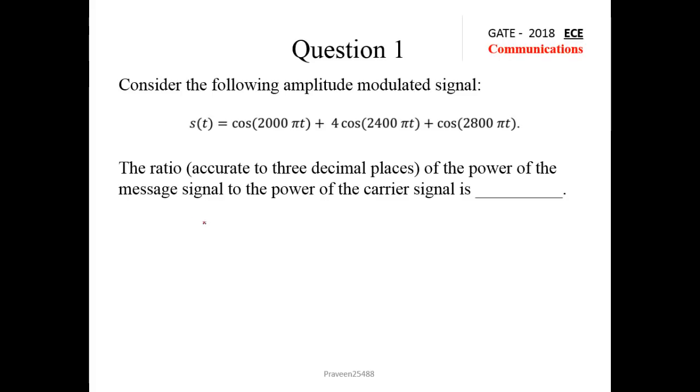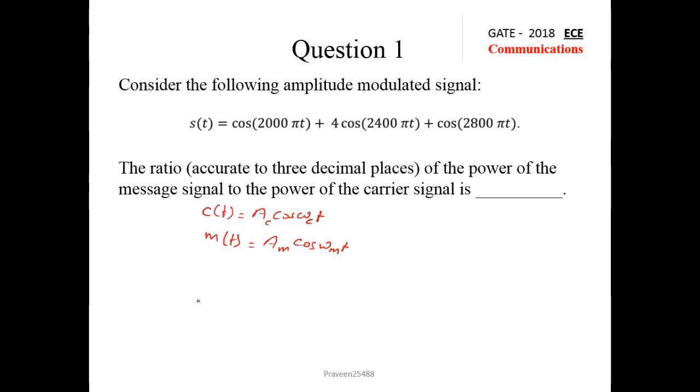Consider c of t, the carrier signal, as AC cos omega c t. Here I am not writing the phase term because in AM only amplitude is of concern. Now the message signal we can consider as AM cos omega m t.